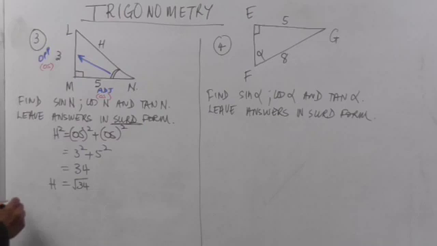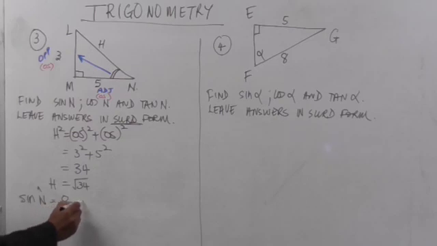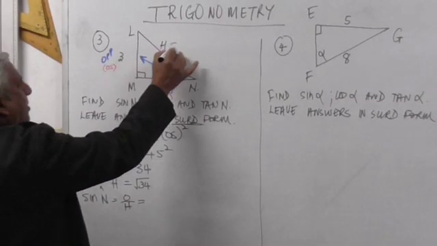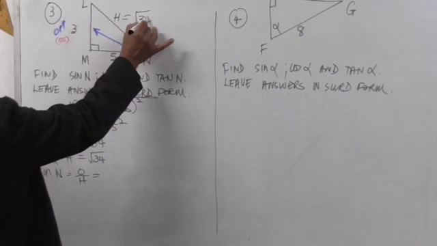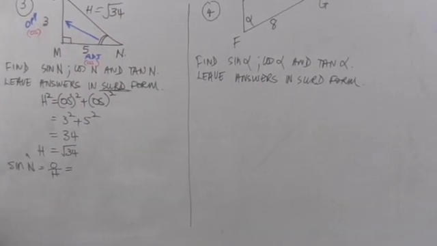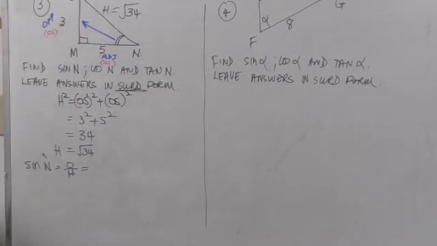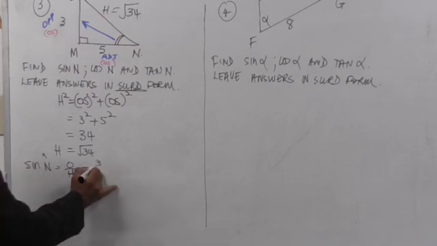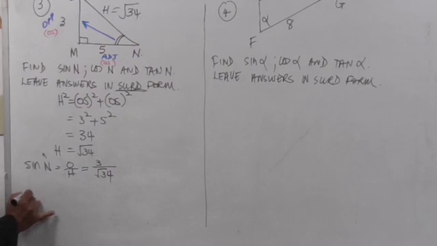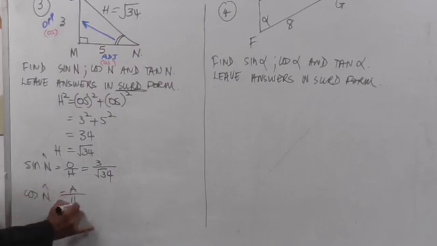You want sine n. Sine of angle n is equal to opposite over hypotenuse. Oh, by the way, we found the hypotenuse. Hypotenuse is now square root of 34. So sine is opposite 3 over root 34. So it's 3 over root of 34. Next, you want cos of angle n. Cos is equal to adjacent over hypotenuse.